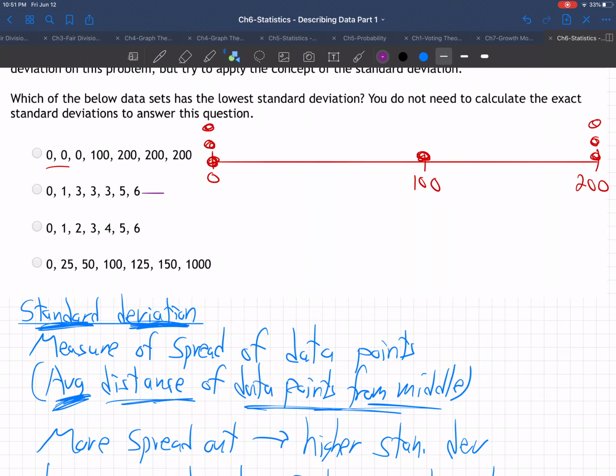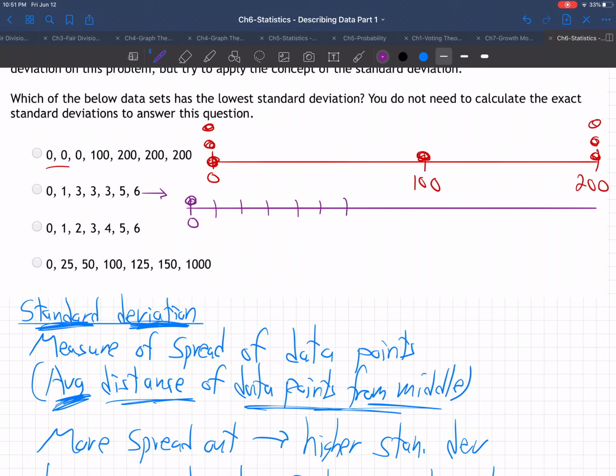So we'll do this one now. For this data set, we start here at 0. We only go up to 6, so it's not very far. Let's go 1, 2, 3, 4, 5, 6. It doesn't matter that it's not spread out the same as the other, but just put it on there.